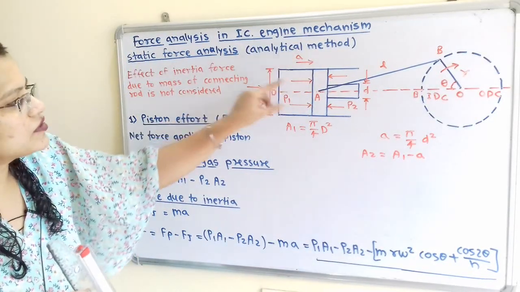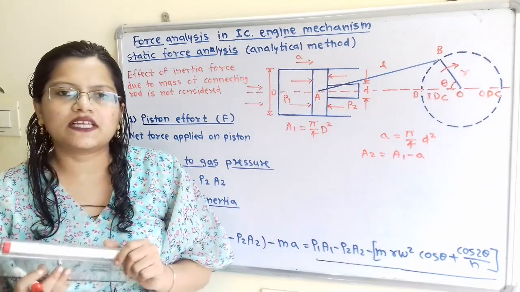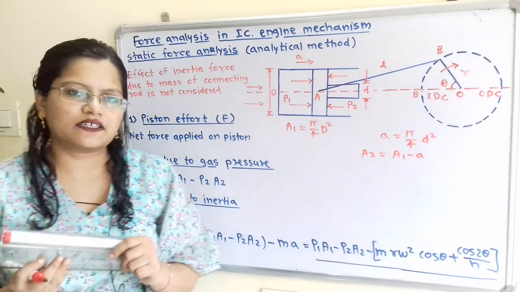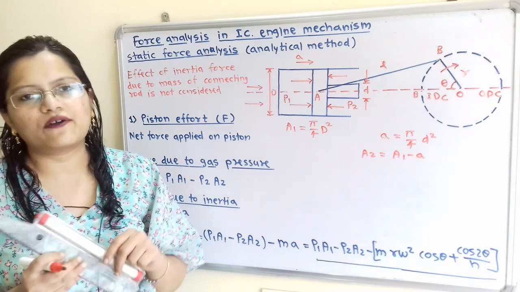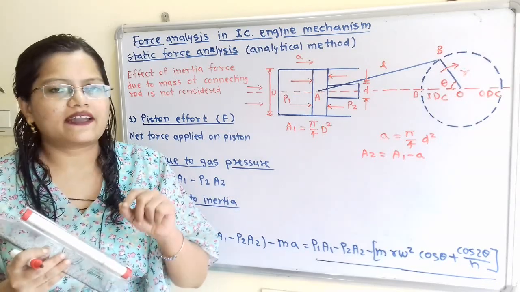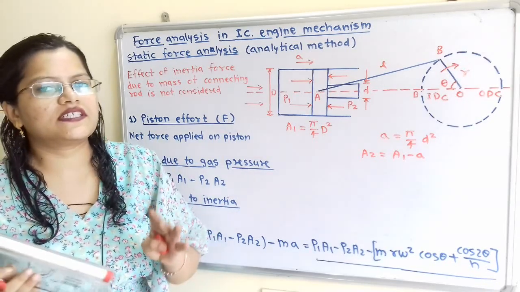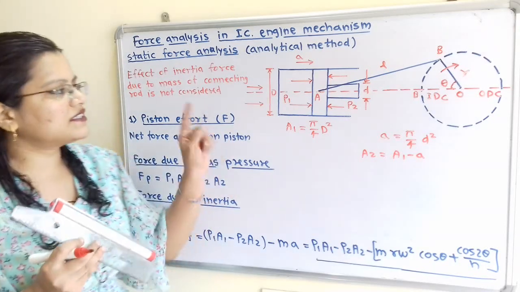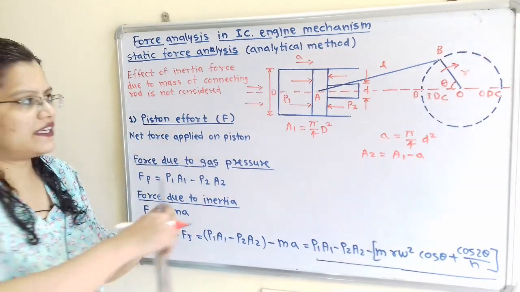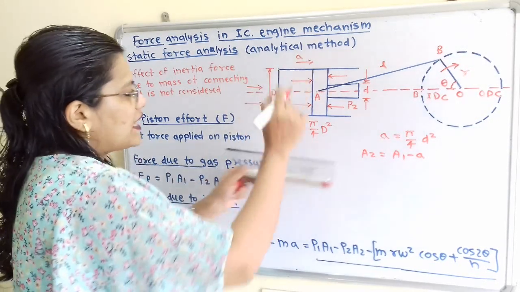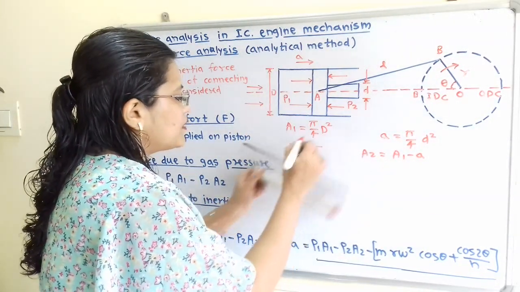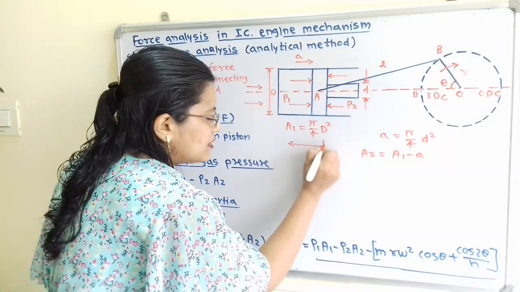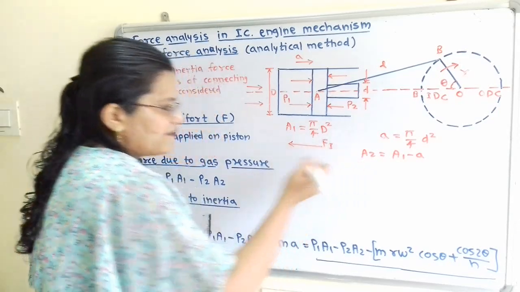So because of this movement of the piston cylinder arrangement, there is the inertia force, and that we have to consider. So we know that the inertia means the resistance to the motion of the system. So this resistance is applied in the opposite direction. So in the opposite direction to the acceleration, we will show the inertia force, that is Fi.